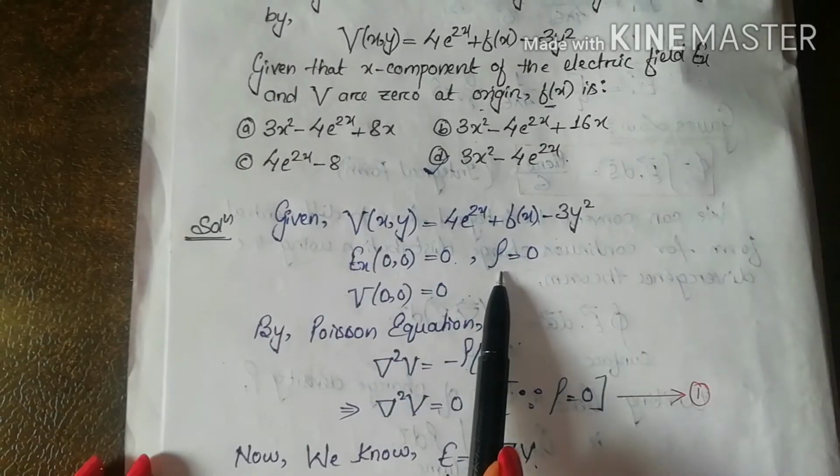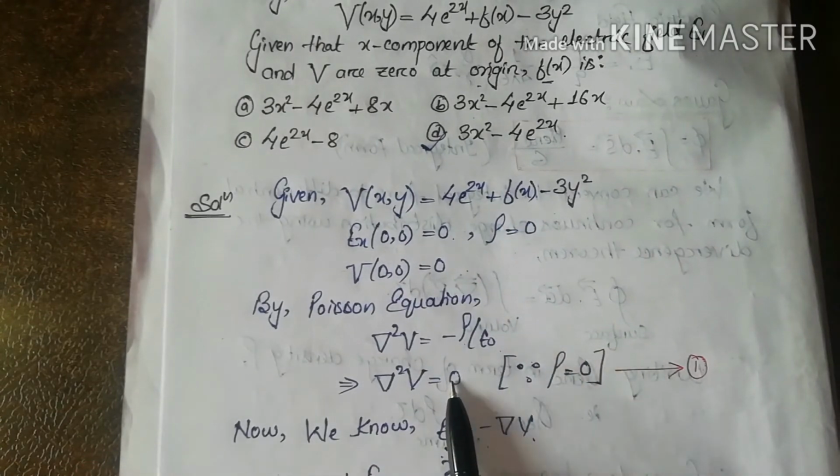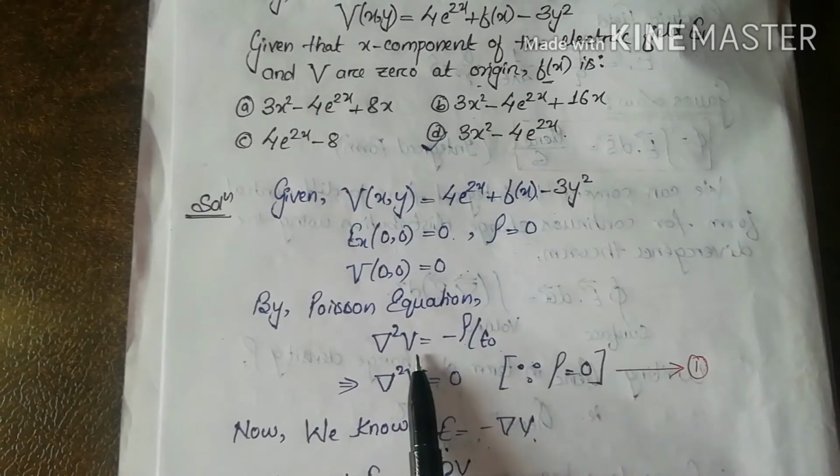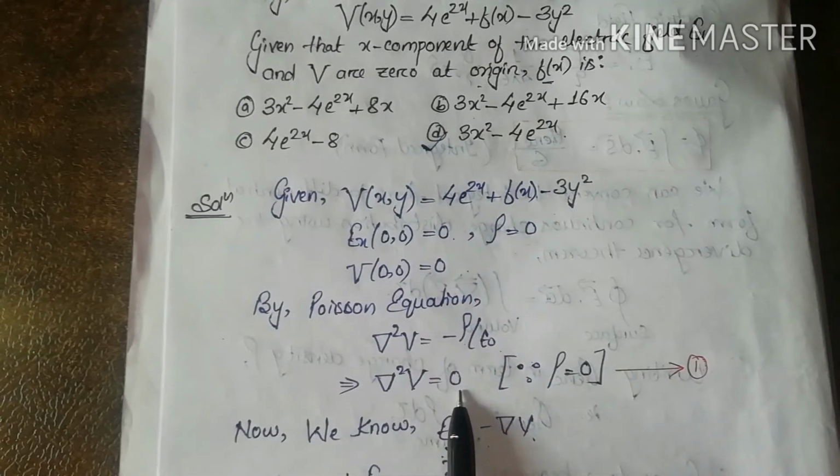Charge density is also equal to 0. So when charge density is 0, we use the Laplace equation, del squared V equals 0, or you can write Poisson's equation, del squared V equals minus rho by epsilon naught. Rho is 0, so del squared V is equal to 0.